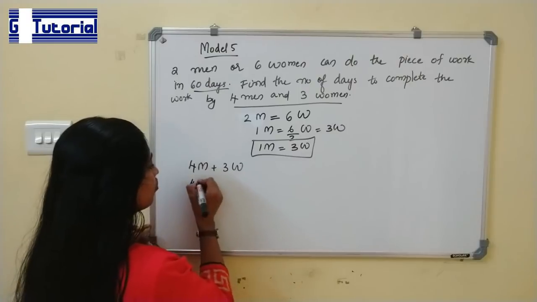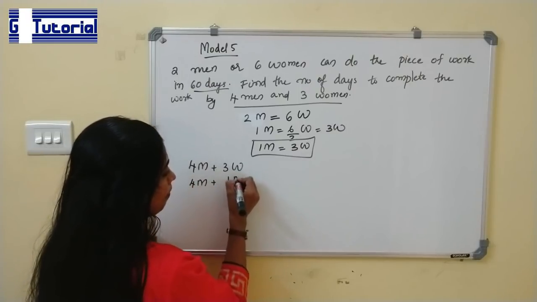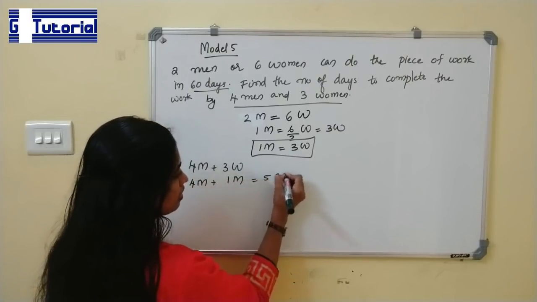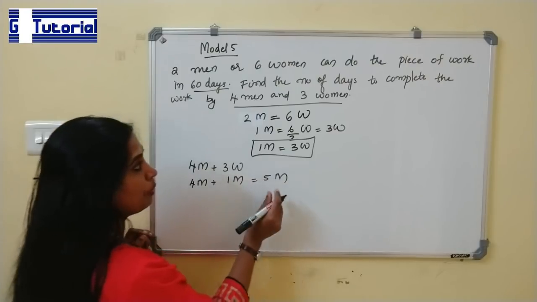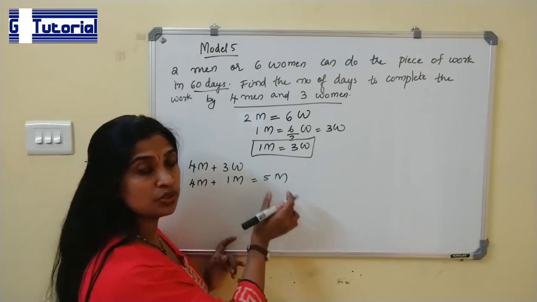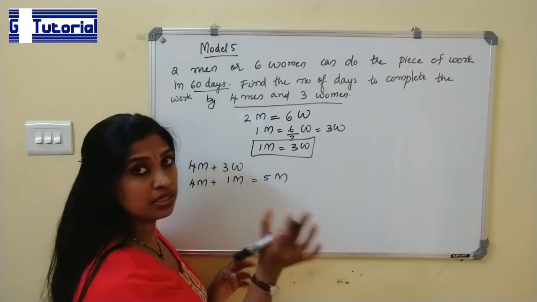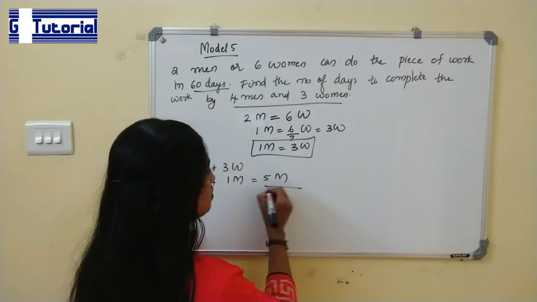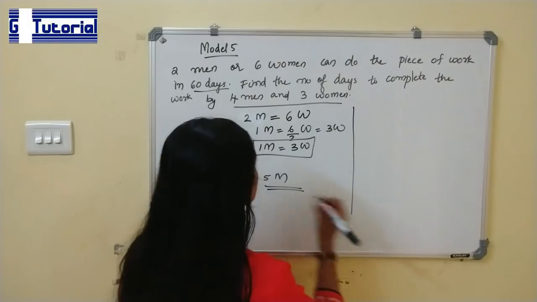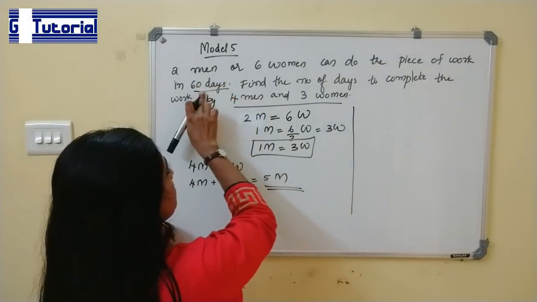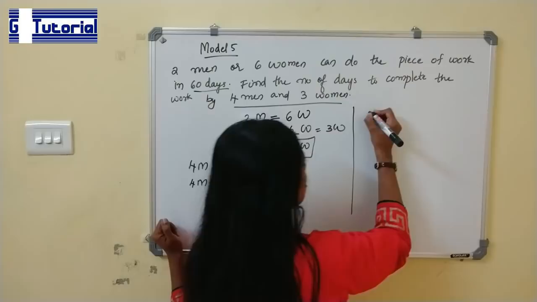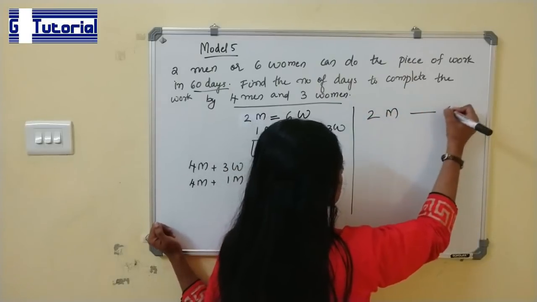Here we are asked to find how many days are taken by 4 men and 3 women. 3 women is equal to 1 man. So we can write 4 men plus 1 man, that is equal to 5 men. So we have to find how many days are taken by 5 men to complete the work. We are given that 2 men complete the work in 60 days.